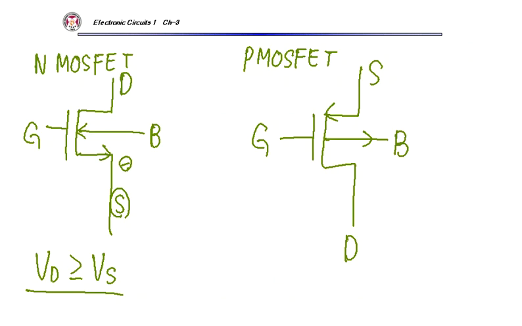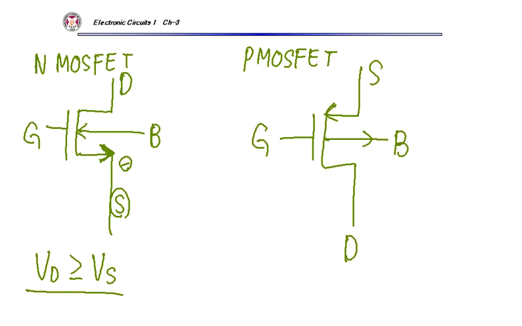Okay, so see this arrow represents the position of the source node, and also the direction of current flow. It says the current flows from drain to source.